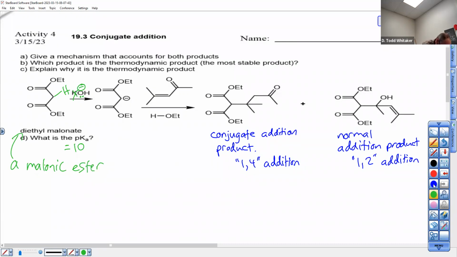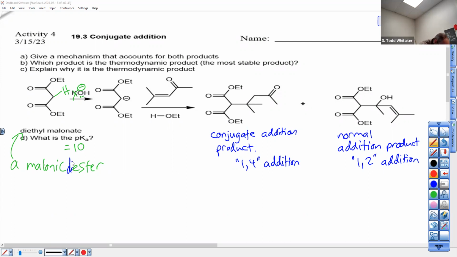Really, it's a malonic diester. Malonic, oh my. Oxalic, malonic. 2 carboxylic acids in a 3-carbon molecule. Got it. They become esters, so it's a malonic ester.